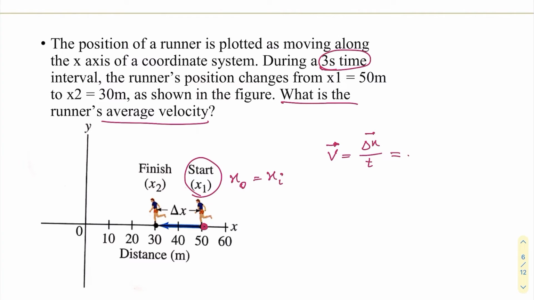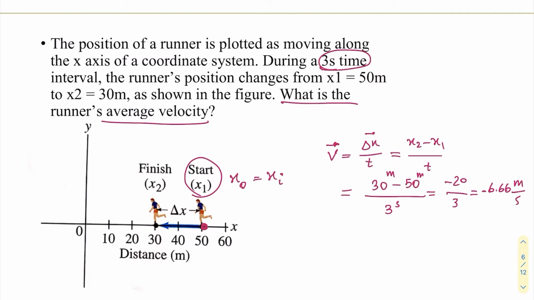So therefore, delta x, which is displacement, is equal to x2 minus x1, or x sub 2 minus x sub 1, over t, which is equal to 30 meter minus 50 meter divided by 3 seconds, which is equal to minus 20 divided by 3 seconds, which is equal to minus 6.6666 meter per second.